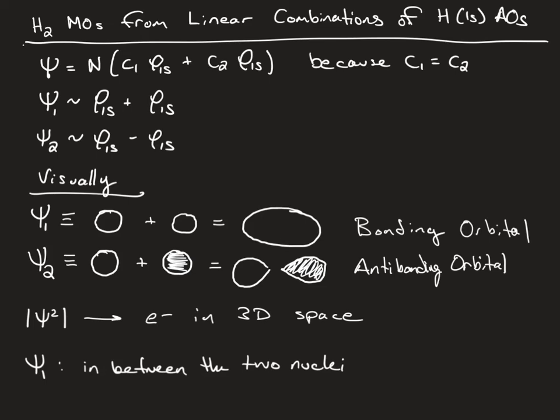This is in fact consistent with what we would have envisioned from our Lewis structure, where that electron pair bond would locate those two electrons between the two nuclei. So in that sense, MO theory is validating a prediction that we would make using simple Lewis theory.